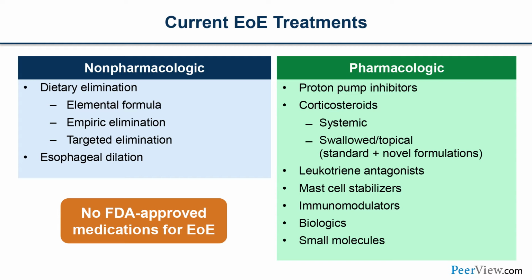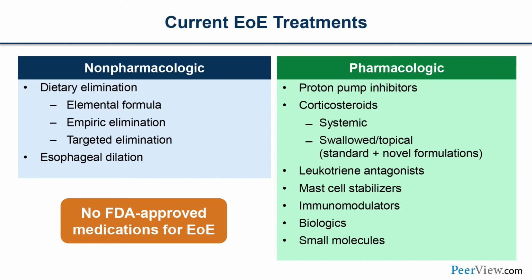The pharmacologics are the proton pump inhibitors, which you heard are not just a prelude to be used before you diagnose EoE, but are considered a treatment of EoE. Then the corticosteroids, which could be systemic, which of course in pediatric age we try to avoid like the plague.